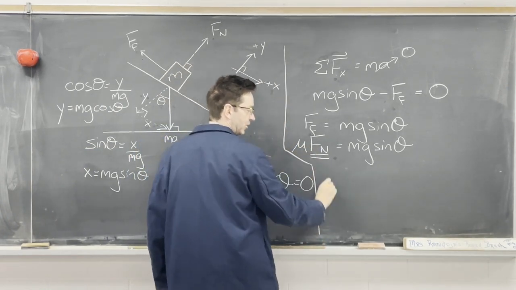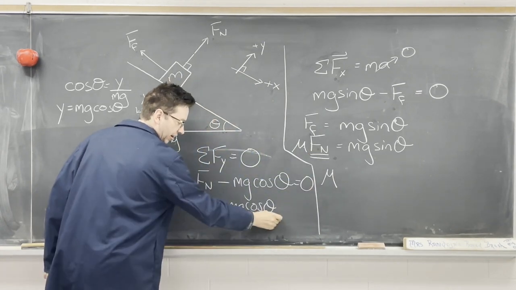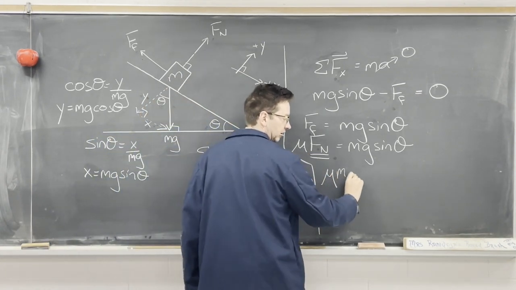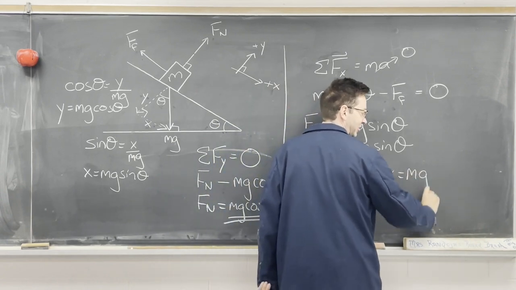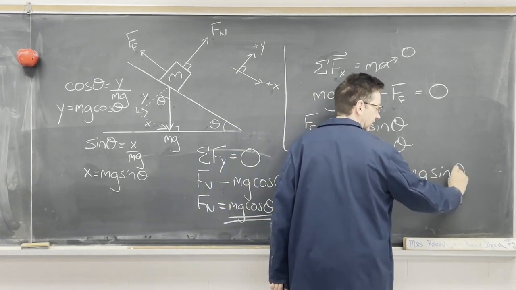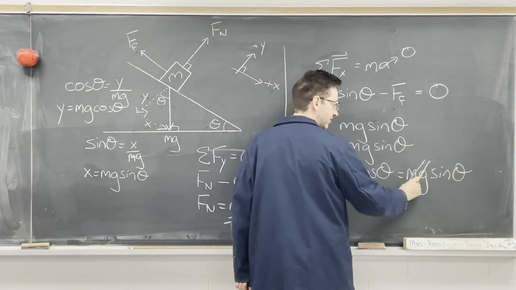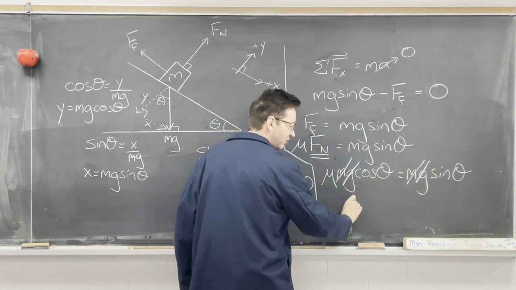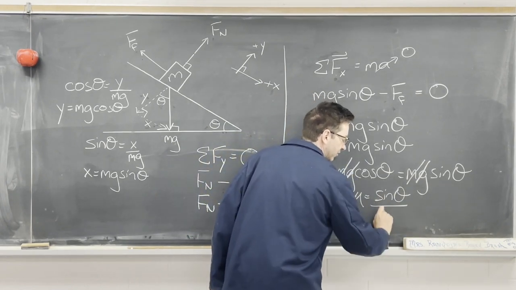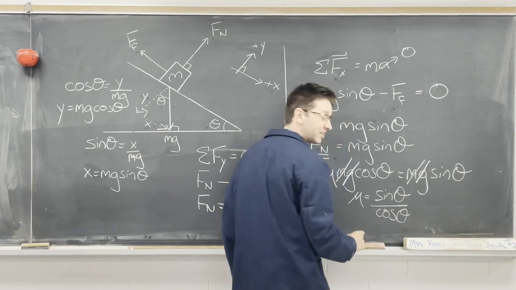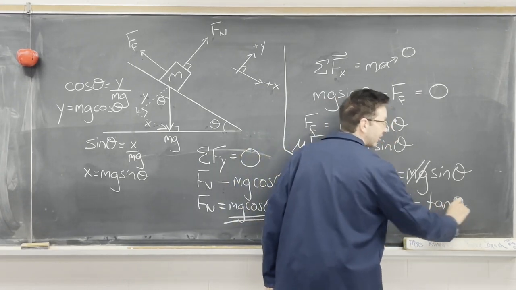So let's plug that in here. We have mu times Fn, which is mg cos theta, equals mg sine theta. Well, mass cancels, gravity cancels, and if we divide by cos, we get mu equals sine theta over cos theta, which, using trig identities, is equal to tan theta.